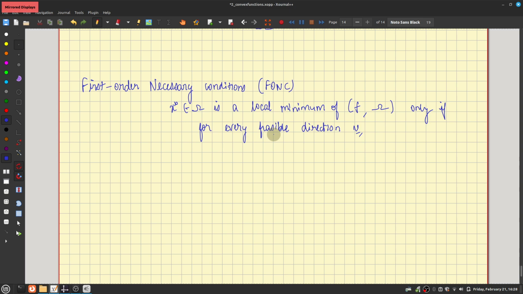It should increase, or what can you say in terms of the directional derivative? So the directional derivative along every feasible direction should be greater than or equal to 0. The most natural thing that you think of. So gradient f of x star dot product with v is greater than or equal to 0.